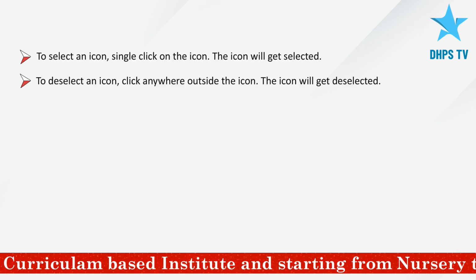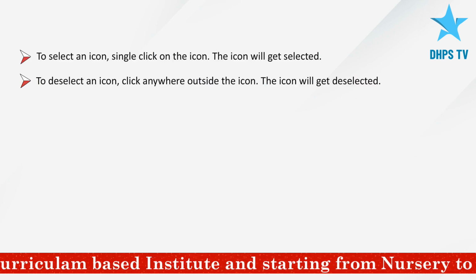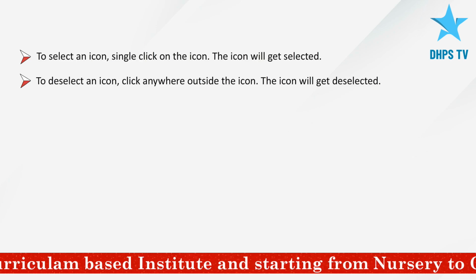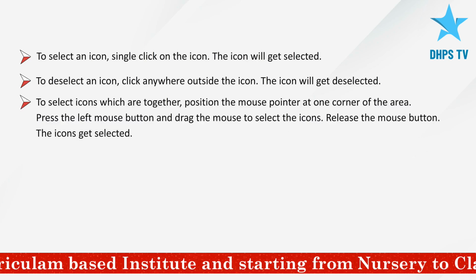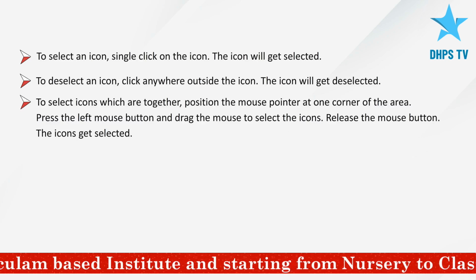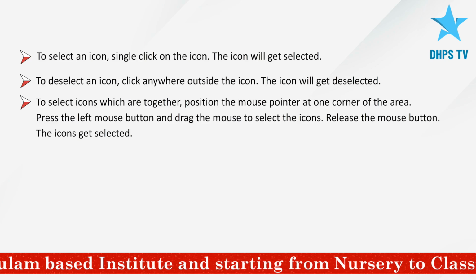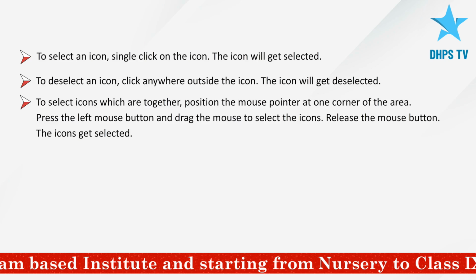To deselect an icon, click anywhere outside the icon. The icon will get deselected. To select icons which are together, position the mouse pointer at one corner of the area. Press the left mouse button and drag the mouse to select the icons.